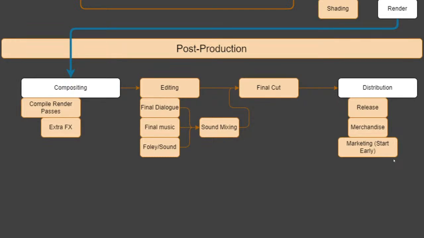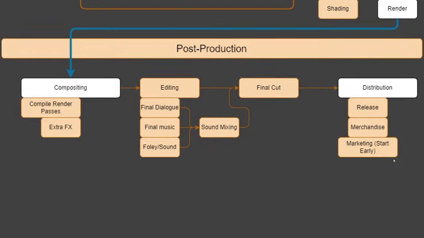You can then take your composited shots and bring them over into your editing. Now in editing, typically you start off with the storyboard that you made before, and after you bring that into your editing software like Premiere Pro, you overlay your new composited shots inside of your editing program.